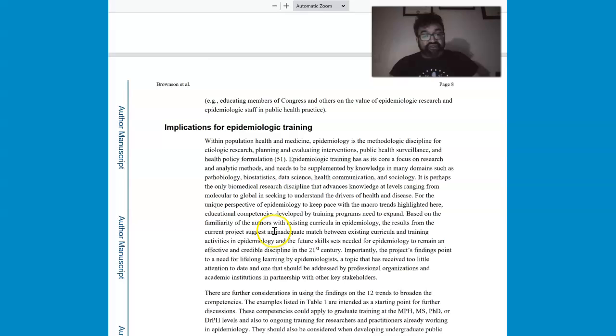Based on the familiarity of the curricula that we have in epidemiology, there seems to be some inadequate match between the existing curricula and some of the training activities in epidemiology and the future skill sets needed for epidemiology to remain effective and credible as a discipline. There are data scientists and biostatisticians.